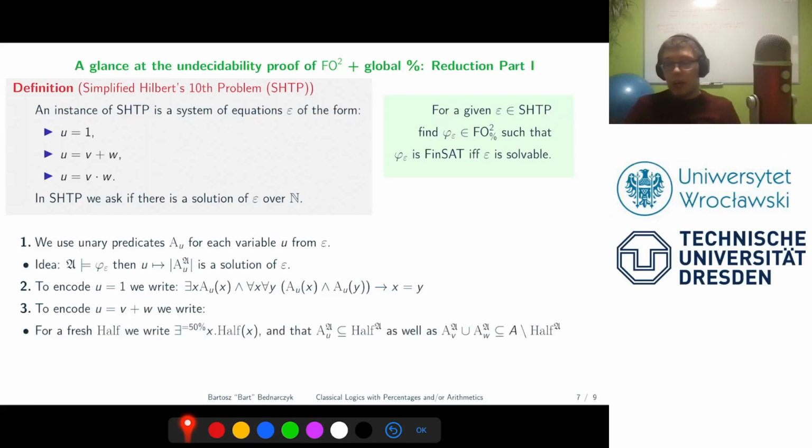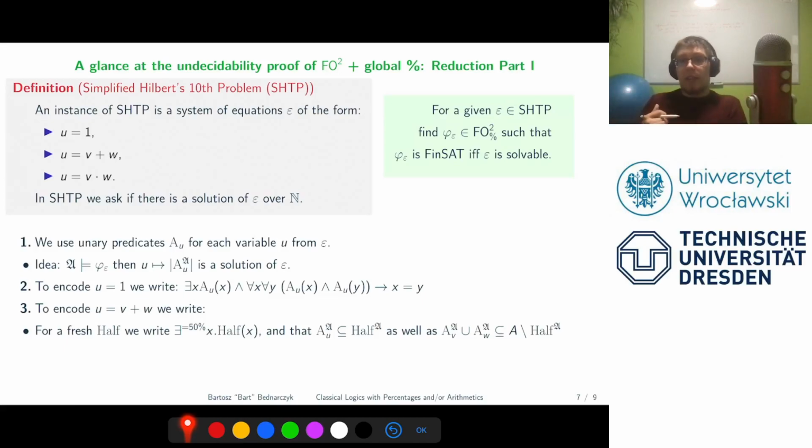Basically, we introduce a fresh predicate half. Then I say that precisely 50% of elements satisfy half. And then I say that the elements satisfying AU and the elements satisfying AV or AW are in different halves of a model.